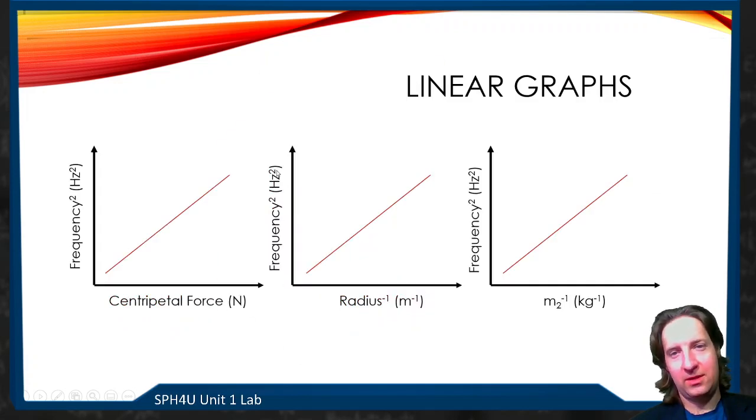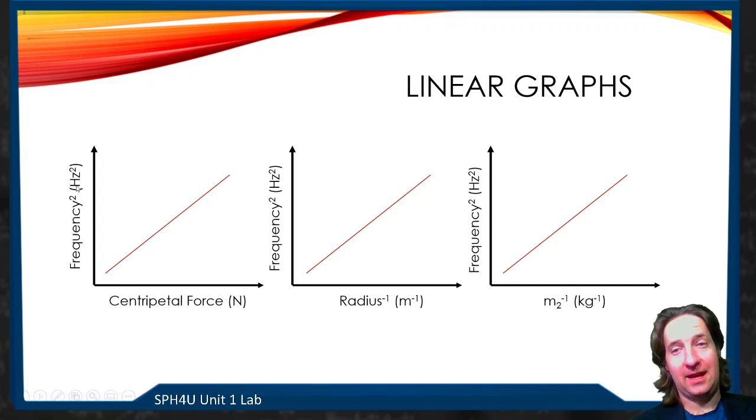And in the same way, we have frequency squared versus 1 over r. Another way you can express 1 over something is to the power of -1. So this will be radius to the power of -1, measured in meters to the power of -1. And then you can do the same thing for our changing spinning mass, but it was 1 over m2, or m2 to the power of -1, measured in kilograms to the power of -1, versus frequency squared.